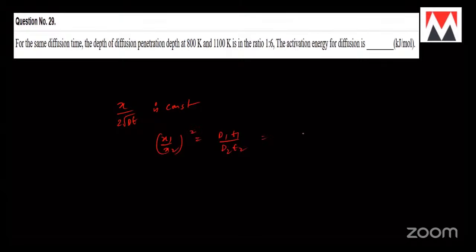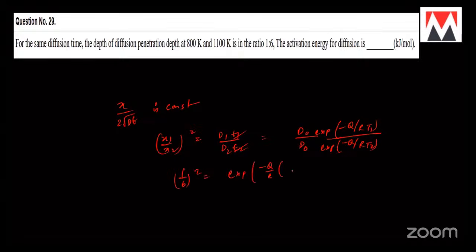Here, for the same diffusion time, the time is same. You have exponential minus Q by RT1 by exponential minus Q by RT2. So you have x1 by x2 ratio 1 by 6 whole square equal to exponential minus Q by R into 1 by T1 minus 1 by T2, that is 1 by 800 Kelvin minus 1 by 1100 Kelvin.